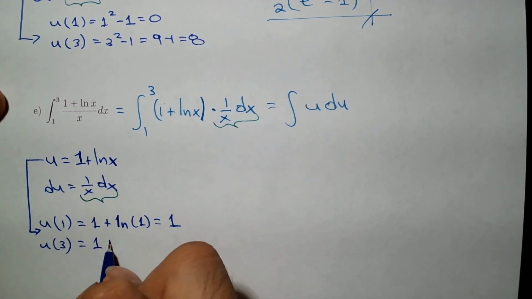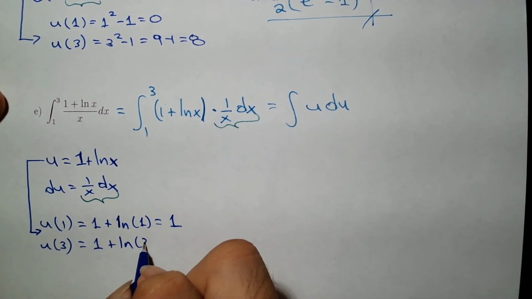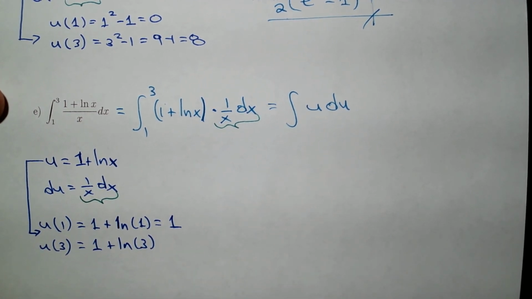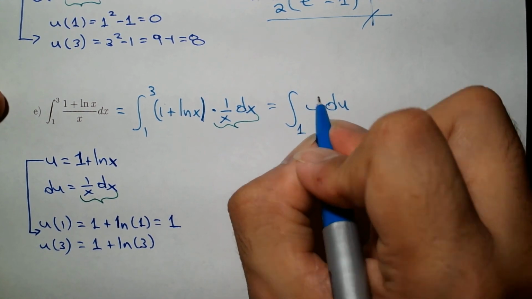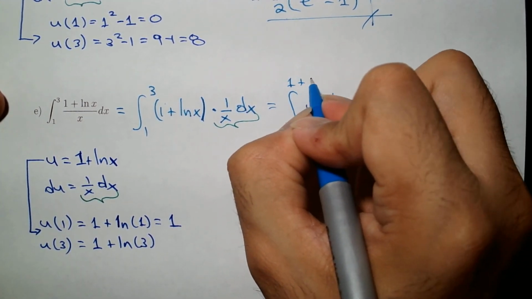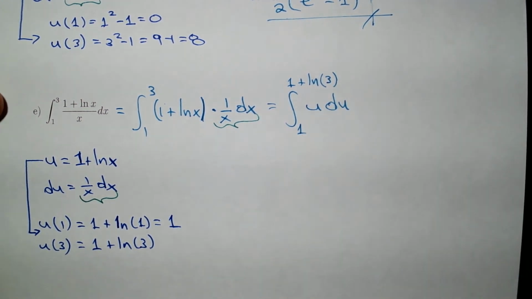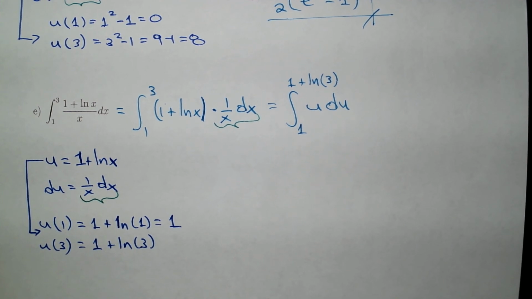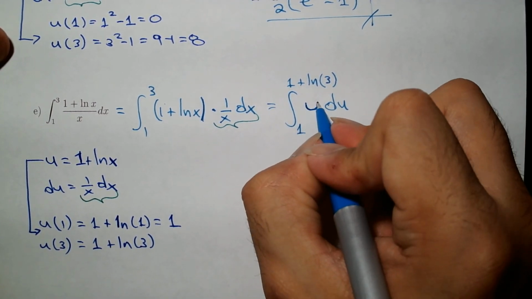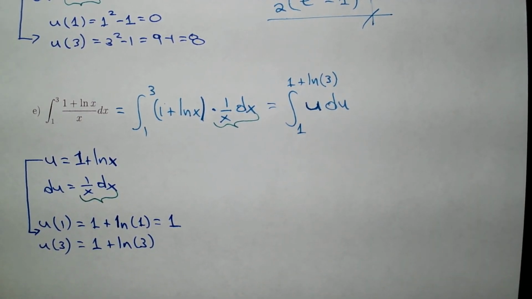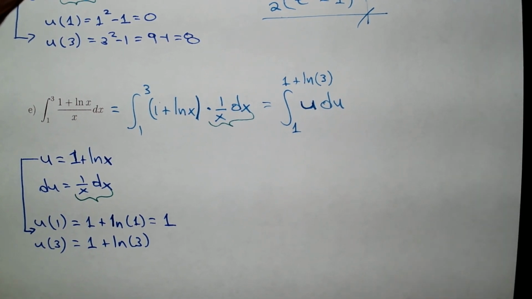And this is going to be 1 plus ln of 3. Keep it as it is. Okay, so this is going to go from 1 to 1 plus ln of 3. Yes, it's a weird looking limit of integration, but yes, we are keeping the exact form.